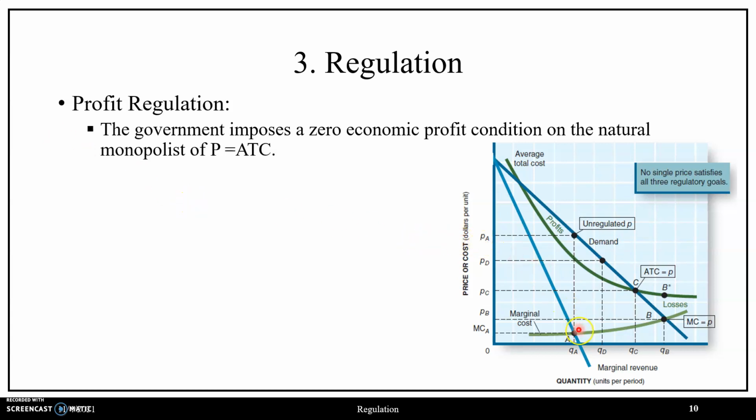So observing our natural monopolist outcome of a quantity level QA at a price point PA, by imposing the zero economic profit condition on the natural monopolist, this then entails looking at when the price point intersects our average total cost curve, which we see occurs at point C at a price point PC.